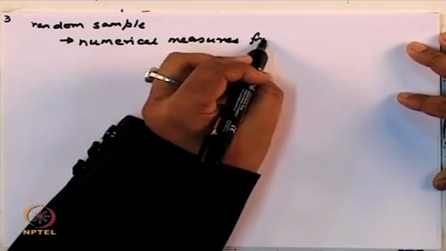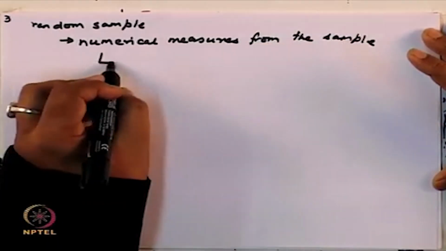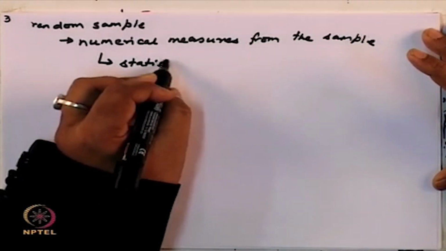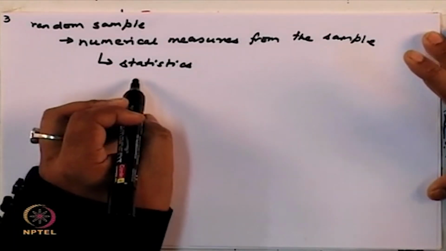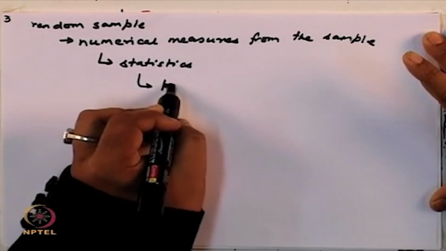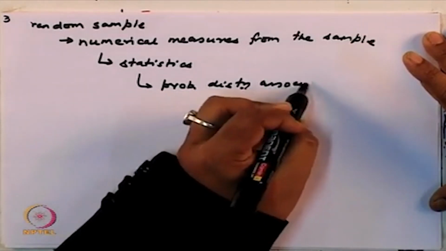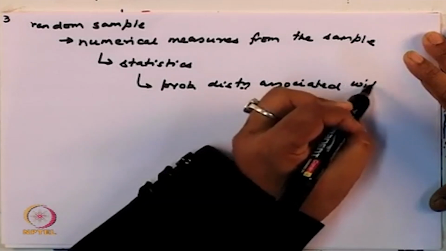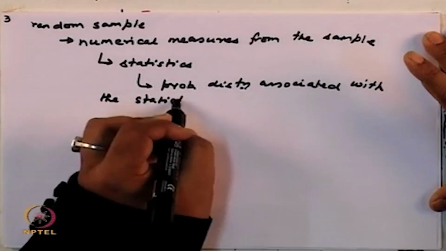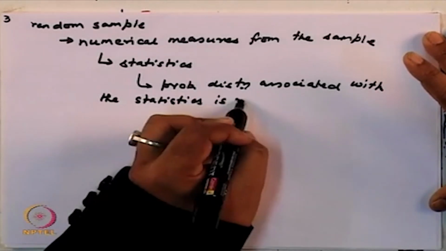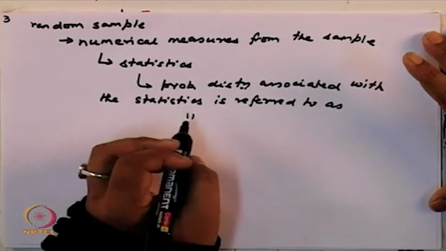And the probability distributions associated with these statistics are referred to as sampling distributions.